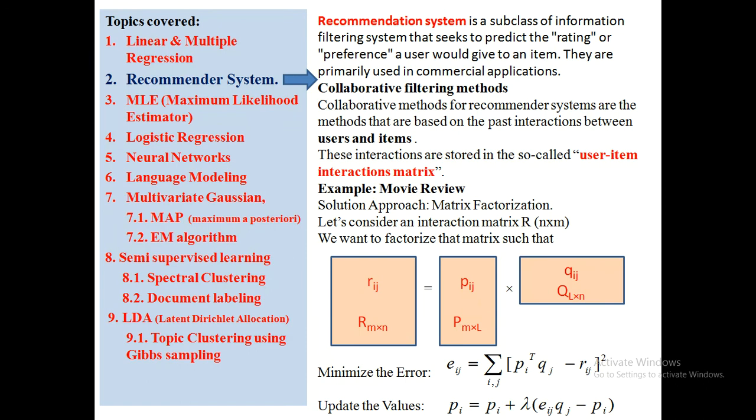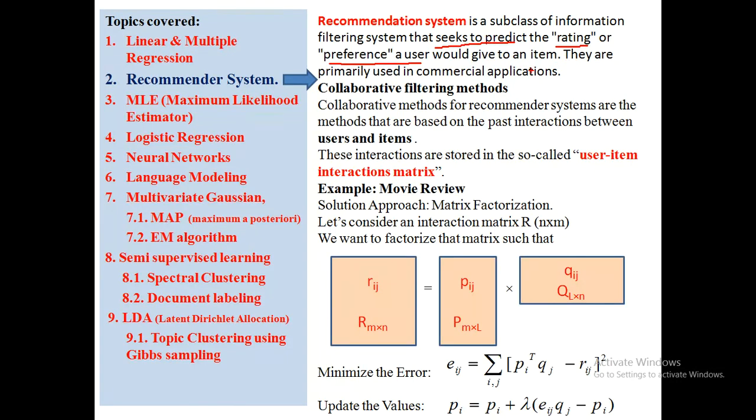So, a recommender system is a subclass of information filtering system that seeks to predict things like rating or preferences of users, given a set of items.